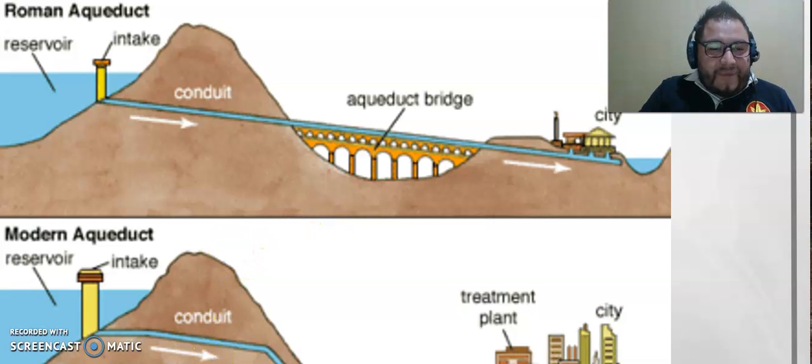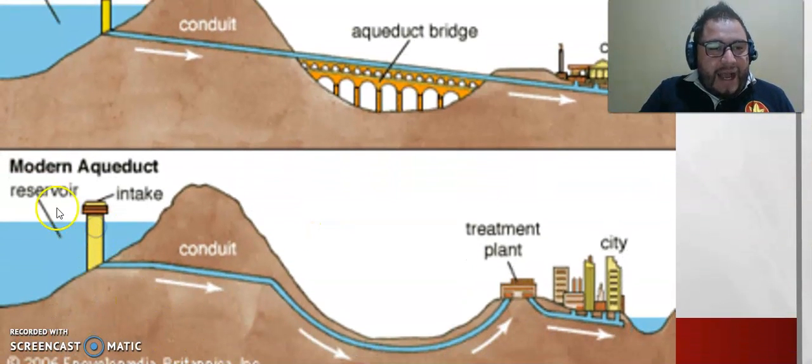Now, if you see, actually, this is the way modern aqueducts work. The reservoir and the intake are the same. The conduit, and then it uses gravity to move the water to the treatment plant. Aquí es donde se trata el agua para que quede limpia, and goes to the cities.